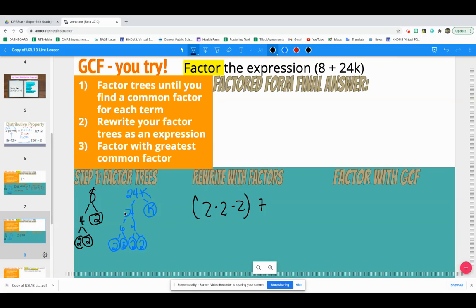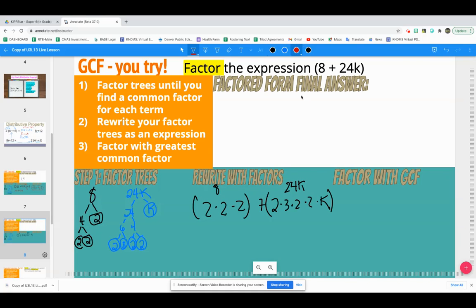So 24k breaks down to 24 times k. 24 can break down to 6 times 4. 6 breaks down to 2 times 3. 4 breaks down to 2 times 2. So for 24k, my factors are 2 times 3 times 2 times 2 times k. Remember, this just means that this will all equal 8, and this will all equal 24k. I just broke it down by its factors.